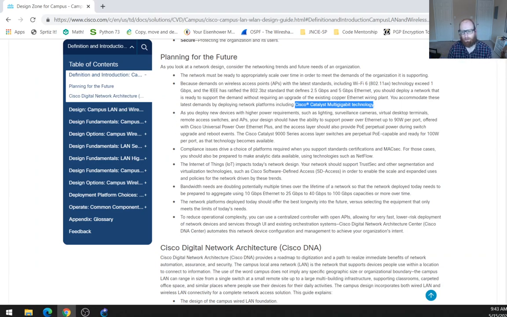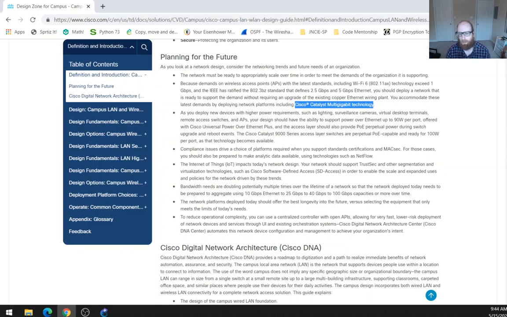You deploy new devices with higher power requirements such as lighting, surveillance cameras, virtual desktop terminals, remote access switches, and APs. Your design should have the ability to support Power over Ethernet up to 90 watts per port, offered with Cisco Universal Power over Ethernet Plus, and the access layer should also provide Power over Ethernet perpetual power during switch upgrade and reboot events.